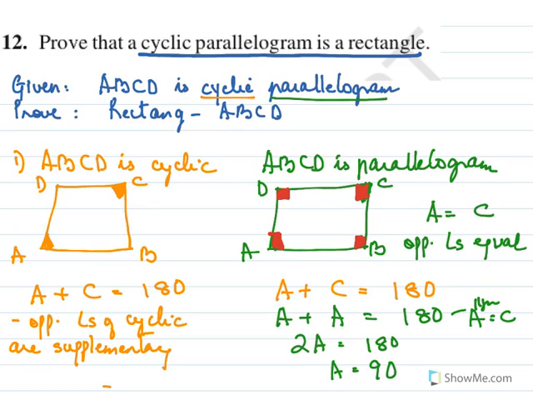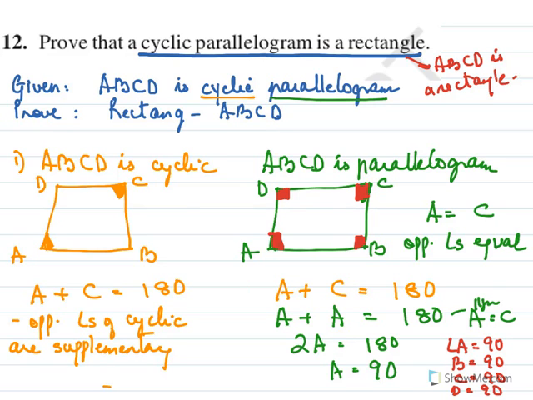So here I have now A equal to 90, B 90, C 90, and D also 90. So ABCD is a rectangle. We go over again.